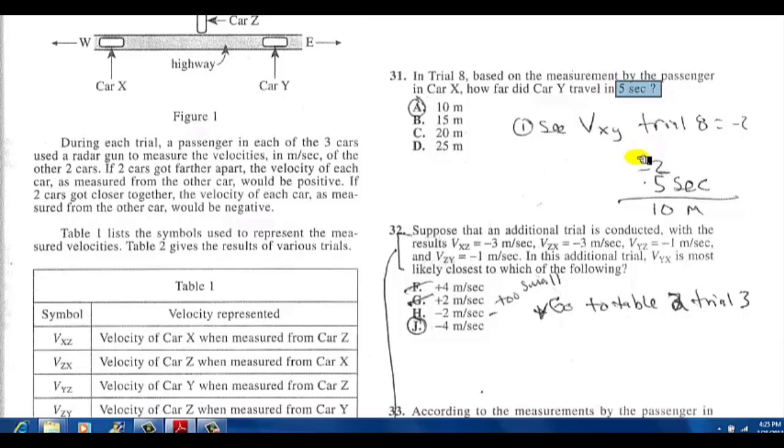It's losing 2 meters per second, negative 2 meters per second against car X, times 5 will give you a total of 10 meters. It's 10 meters behind car X after 5 seconds. Correct? Don't get worried about the negative symbols in there. You realize that whether you're catching up or slowing down, it's going to be positive or negative. It's basically 10 meters. Answer choice A for 31.